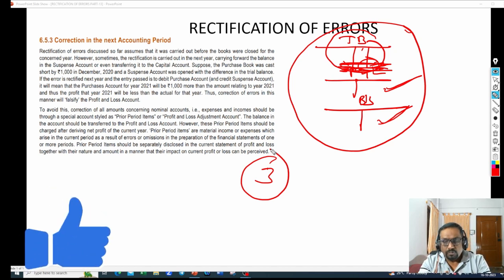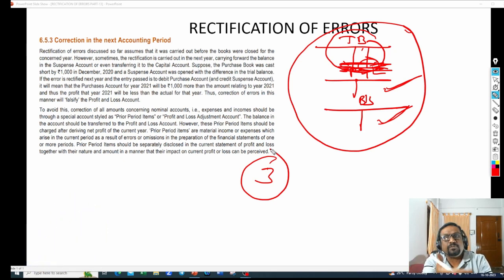Now, you are in next year. Next year, what happens? The suspense account is still lying there. You need to rectify it. Right? Trial balance suspense account is still there. Then you started identifying why that suspense account balance is there. How do I rectify?